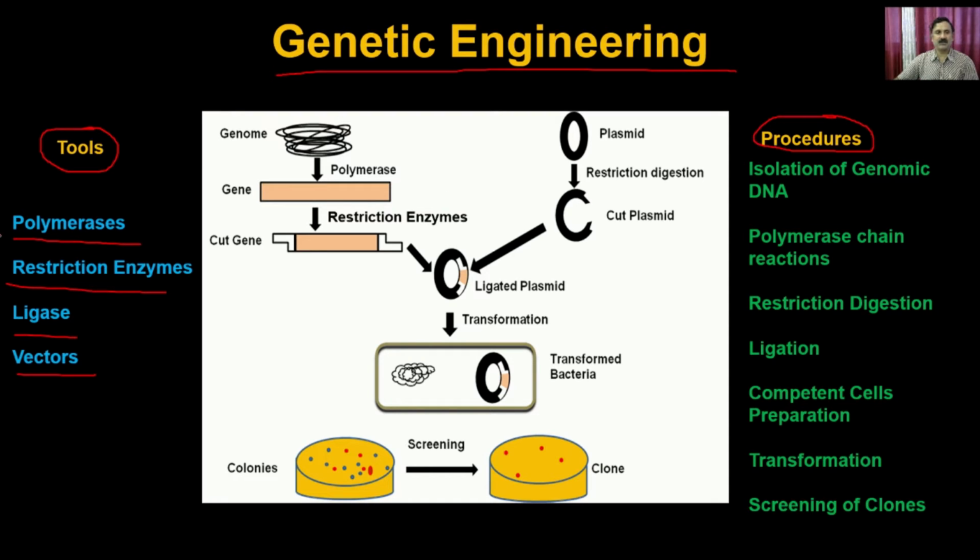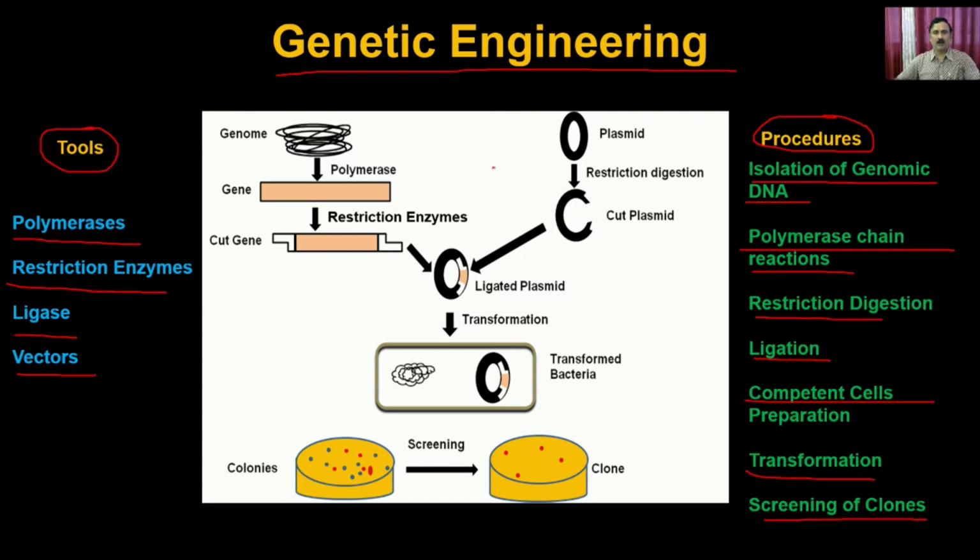During these procedures, it is utilizing all these tools, whether it is the isolation of genomic DNA, or the polymerase chain reactions, or the restriction digestions, or the ligations, competent cell preparations, transformation, or the screening of clones. So this is the general scheme we have discussed so far.